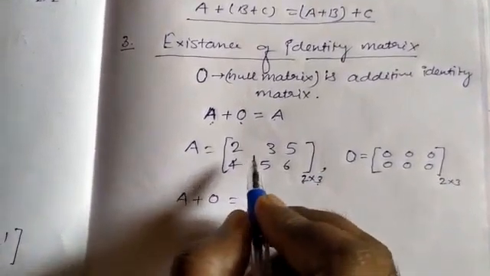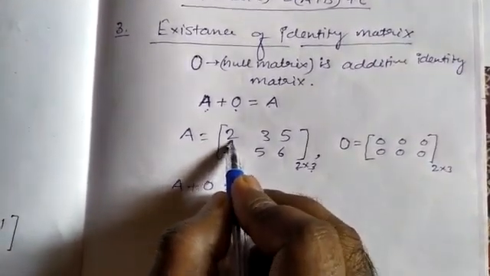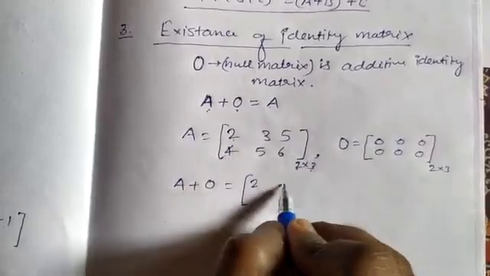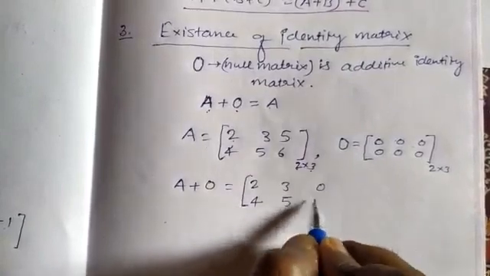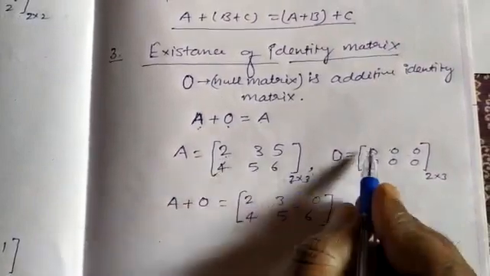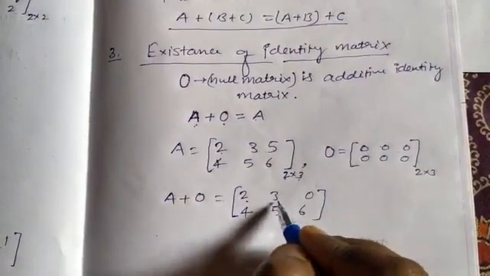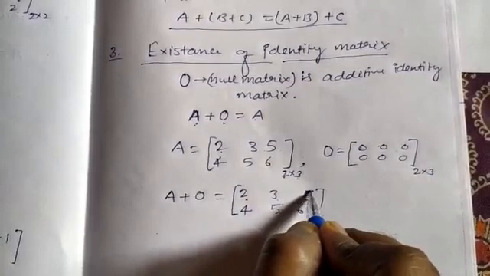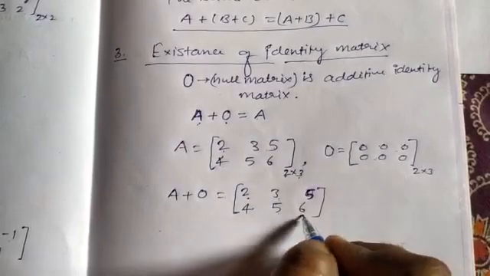In addition of matrices, you have to add the corresponding elements of the two matrices. 2 plus 0 will be 2, 3 plus 0 will be 3, and 5 plus 0 will be 5, and similarly 4 plus 0 is 4, 5 plus 0 is 5, and 6 plus 0 is 6.